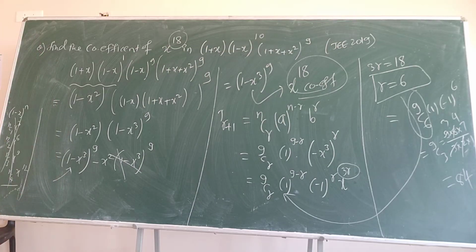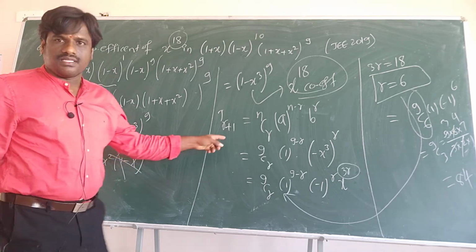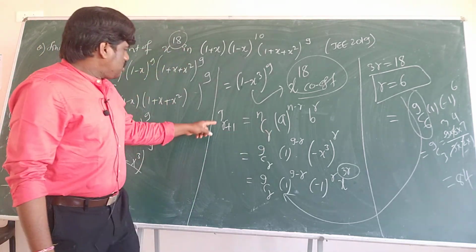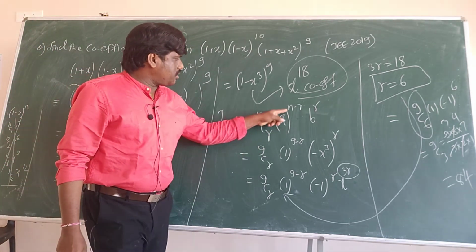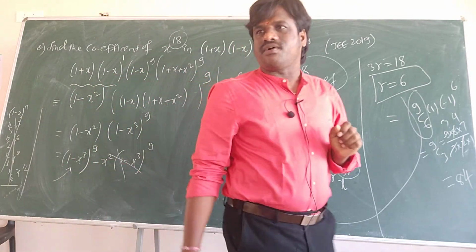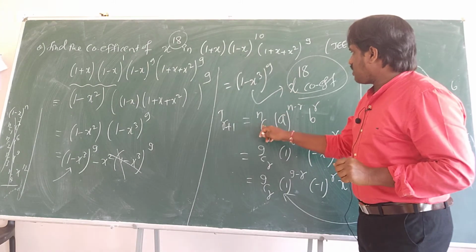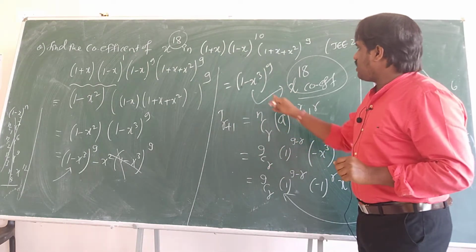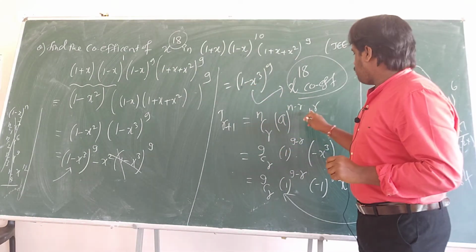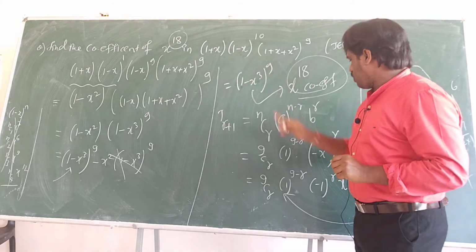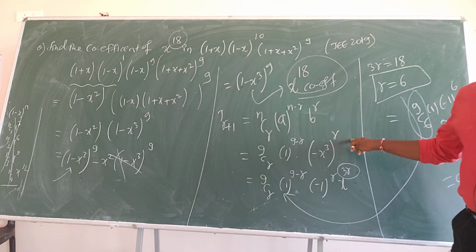See here, I think this side it is not clear, right? So T(r+1) is nCr a^(n−r) b^r, is the formula. So we use this formula. n is 9, r we don't know, a is here 1 and b is here −x³, to the power of r.